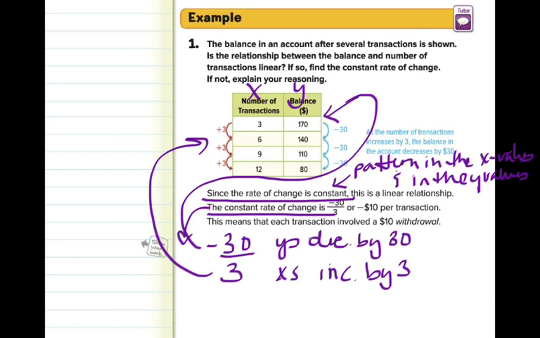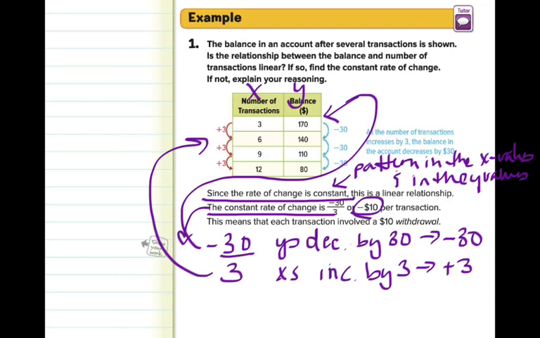That's where these numbers come from. The decrease, let me make this a little more clear here. The decrease makes the negative 30. The increase makes a positive 3. Negative 30 divided by 3 is where we get the negative 10 from. Okay? This means each transaction is a $10 withdrawal.